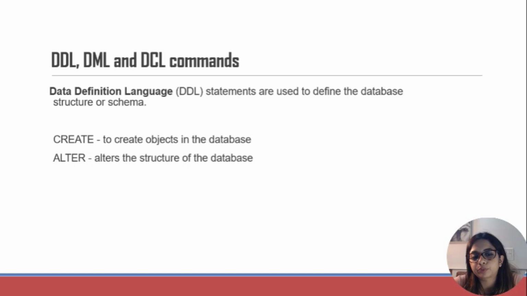Alter is also DDL because you're trying to add a column. Here you're not dealing with the data, you're dealing with the schema of the database. Wherever you are not dealing with data, it is DDL, you're working with the entire schema of the table or the creation of the objects.